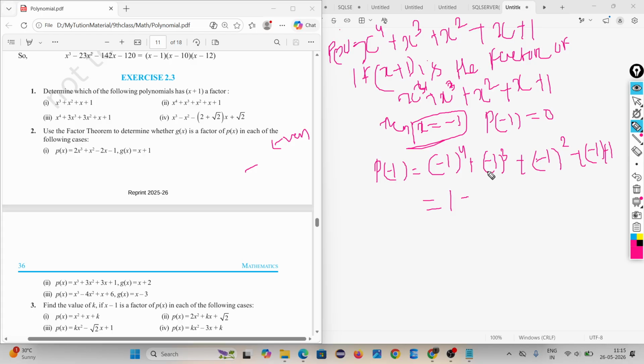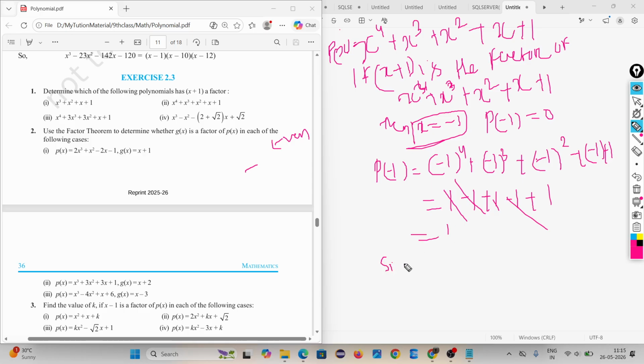If a negative number is multiplied an odd number of times, you will get negative. So 1 minus 1 plus 1 minus 1 plus 1: this one cancels, this one cancels, remaining is 1.